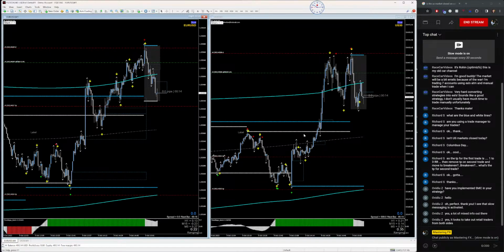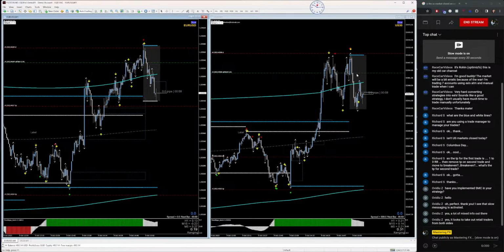But these pending orders are textbook ICT silver bullet trades. And it just happens to coincide with my strategy because I was already looking for shorts. So that's an additional confirmation. So this trade setup is absolutely valid for me.